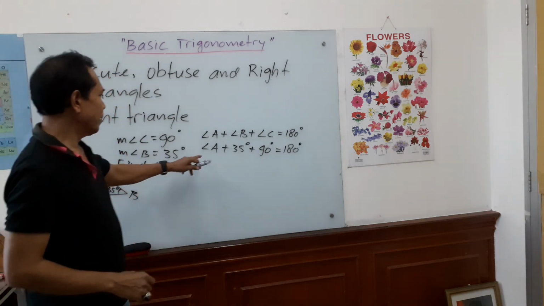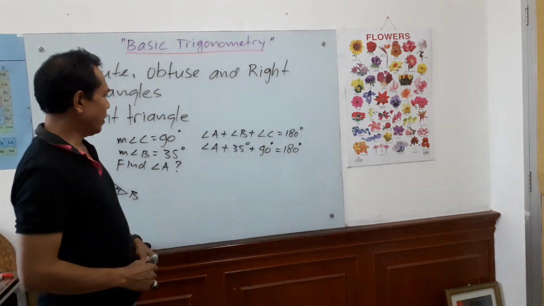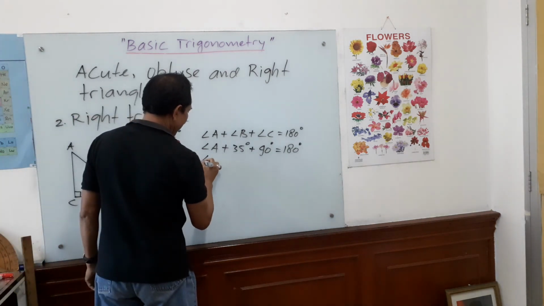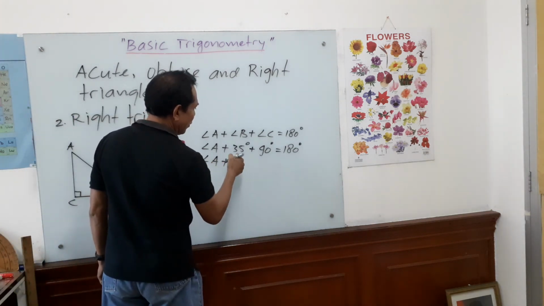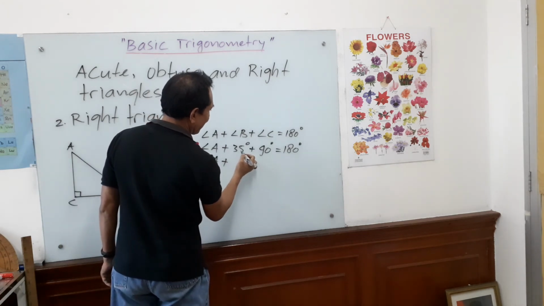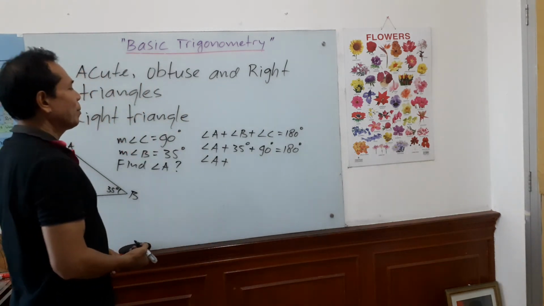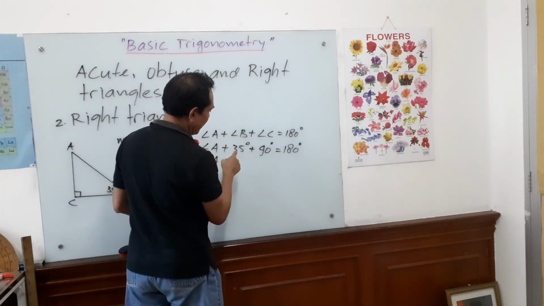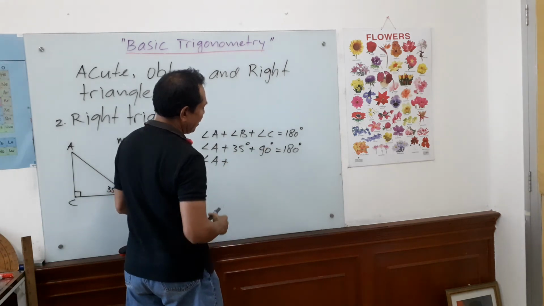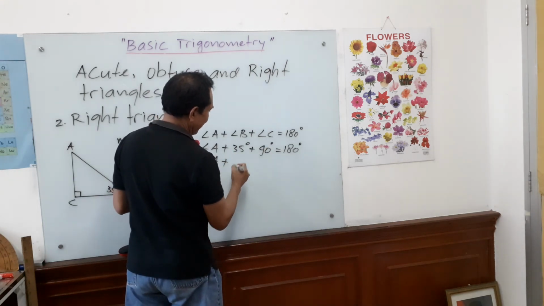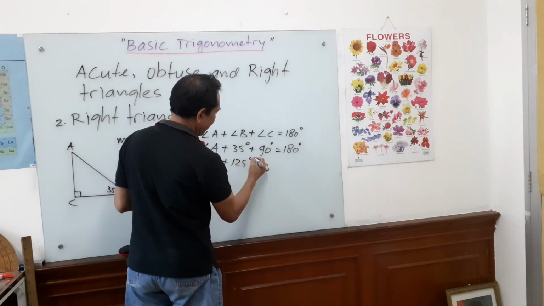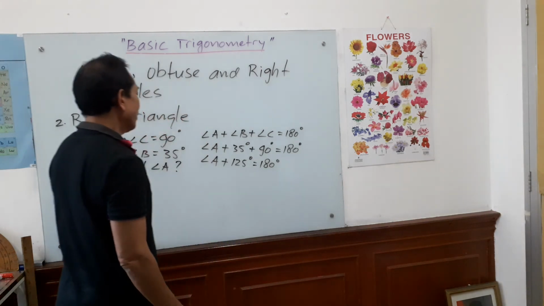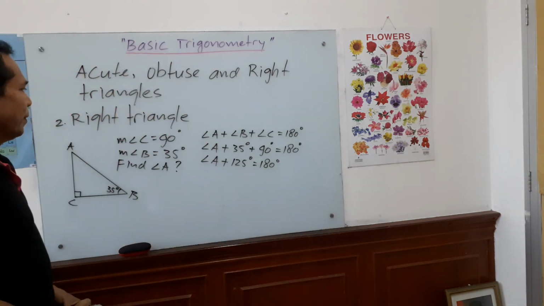Now we want to find angle A. So angle A plus, now we put this together, 35 degrees, 90 degrees, they are the same, so we put them straight away. So this is 35 and 90, so 125 degrees equals 180 degrees. So angle A plus 125 degrees equals 180 degrees.